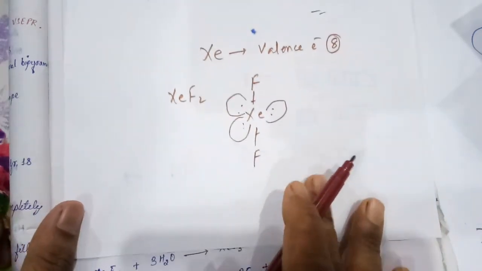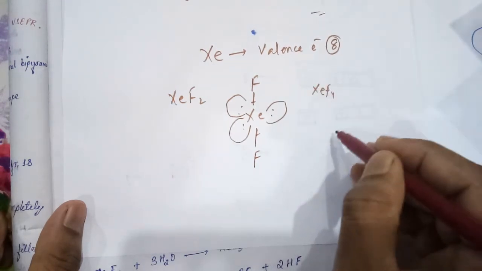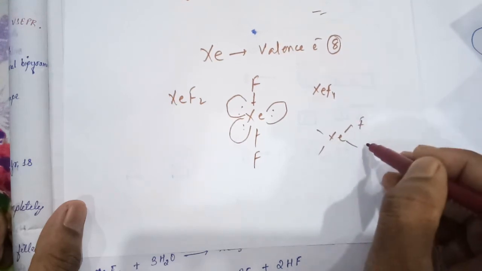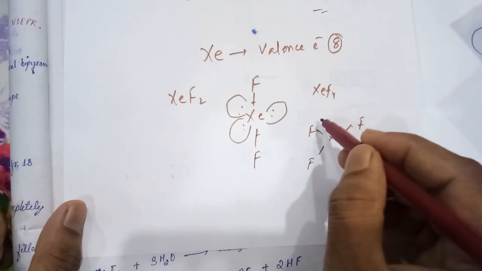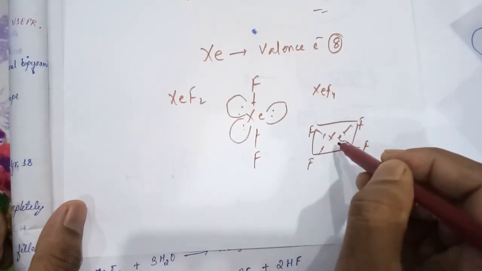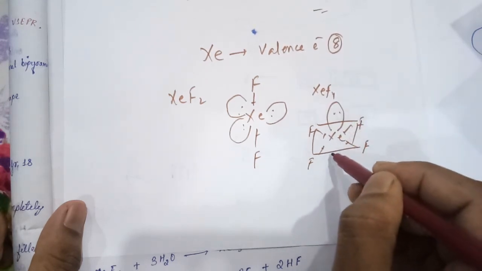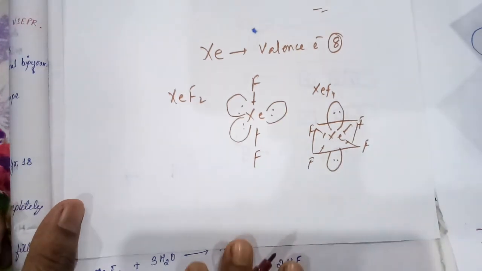This is a linear structure. If I want to draw XeF4, this is a square planar structure. Still it is 8 electrons, out of which 4 electrons are used. The remaining 2 electrons make lone pairs, 1 pair in the bottom and another pair in the top.